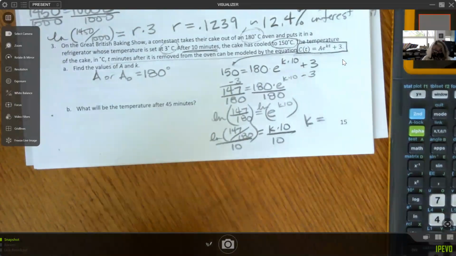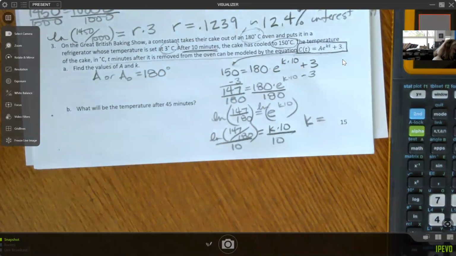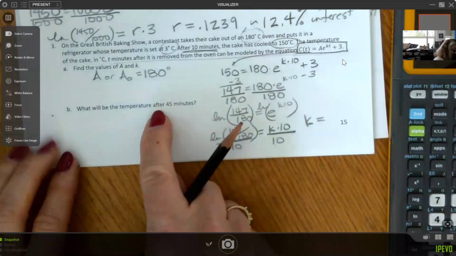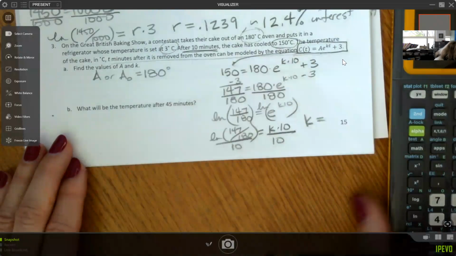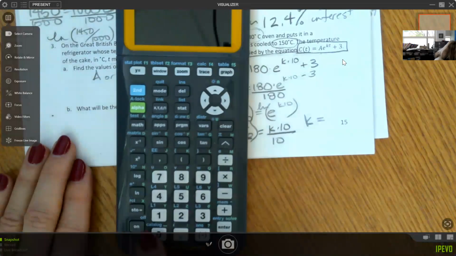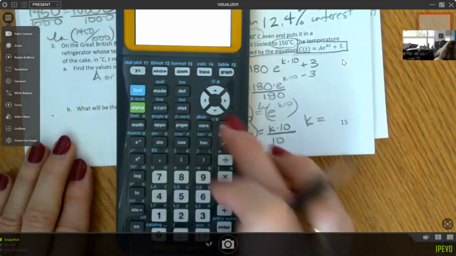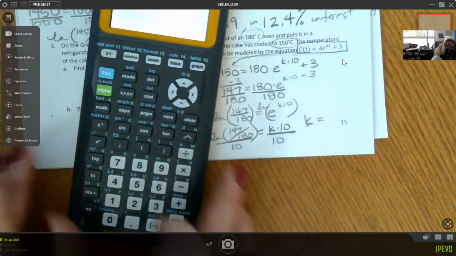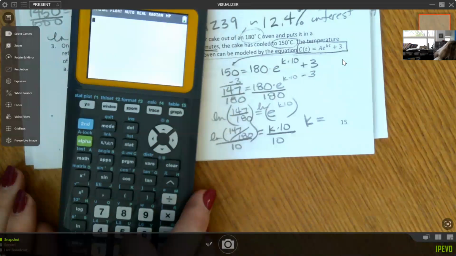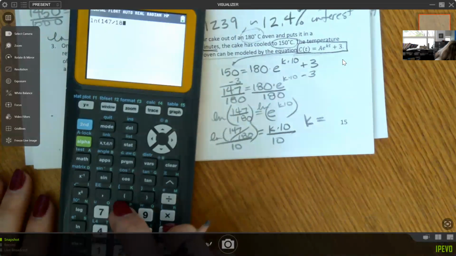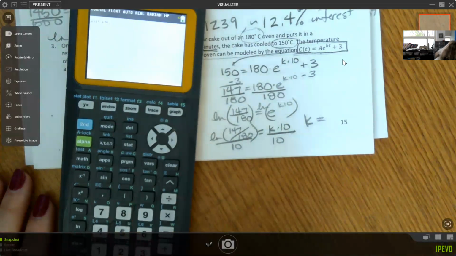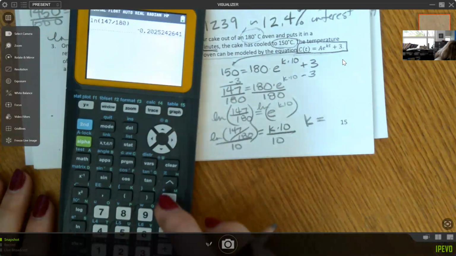Then we're going to use that K to figure out what the temperature is going to be after 45 minutes. So you don't want to get rid of that K too fast. Okay, I'm going to put this so you can see it a little better. I say natural log of 147 divided by 180, and then I divide that by 10.